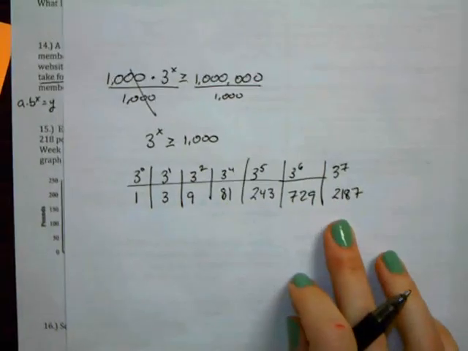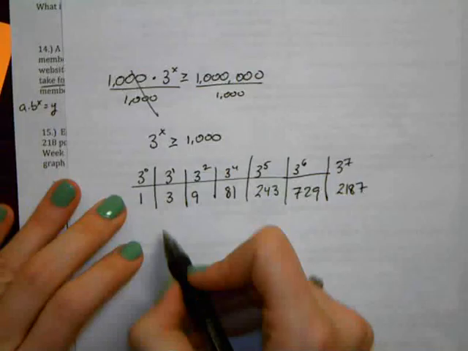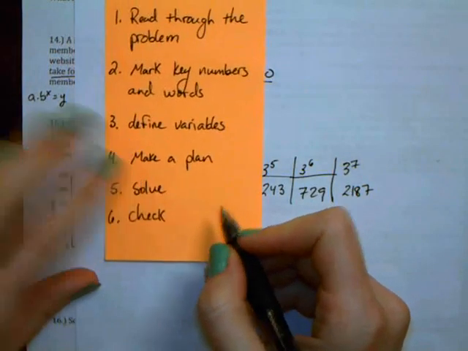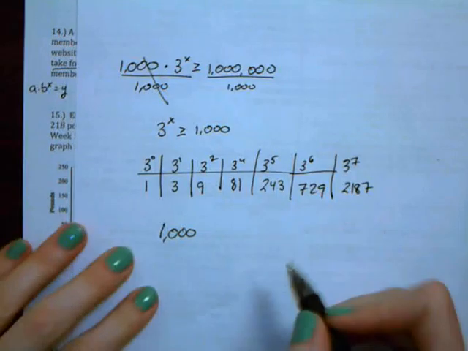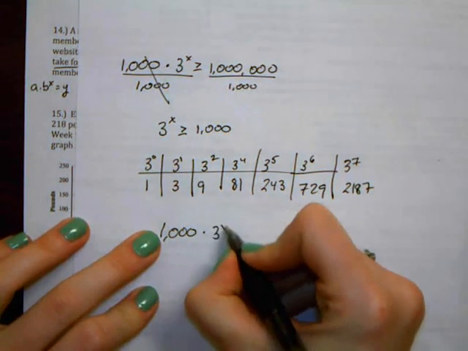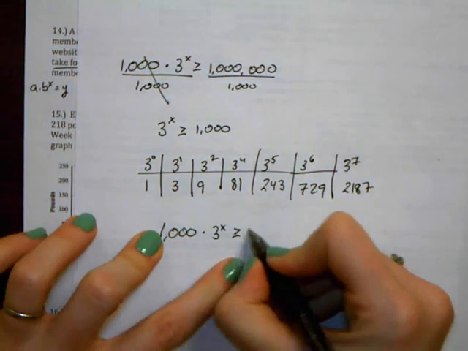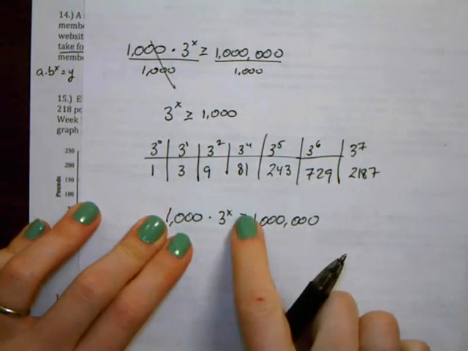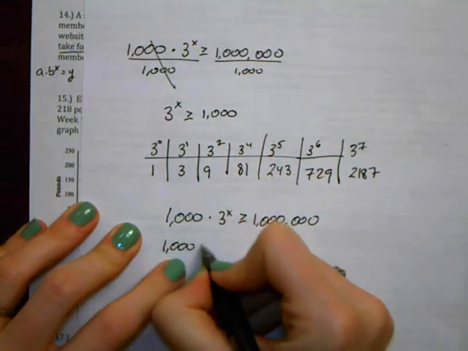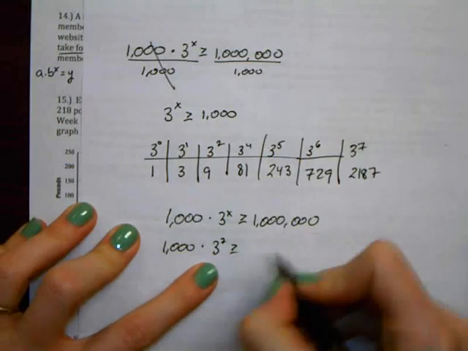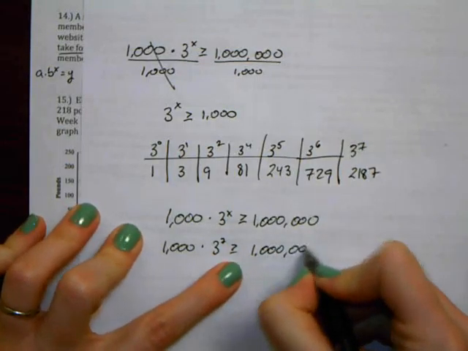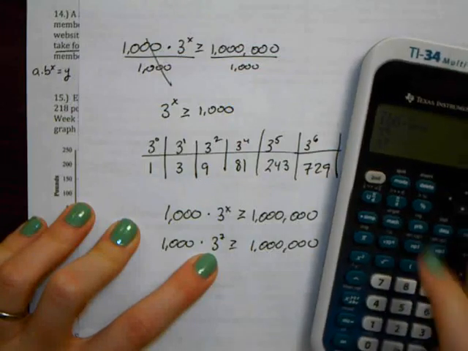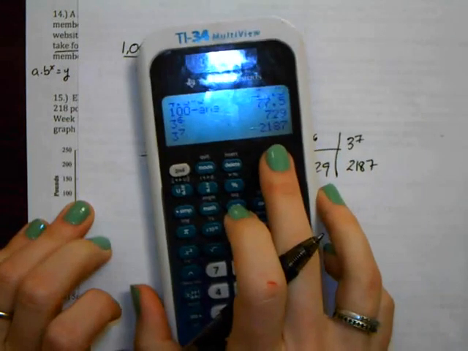Because I have now gotten over that 1,000, that means if we go back into our original function, remember, the last step to solving an equation or to solving a word problem is always to go back and check to make sure it really does work. So if we go back into our original equation that we wrote, or inequality, and we plug in 7 for that input, then what we end up with is, first we do our exponents because we're following that order of operations.